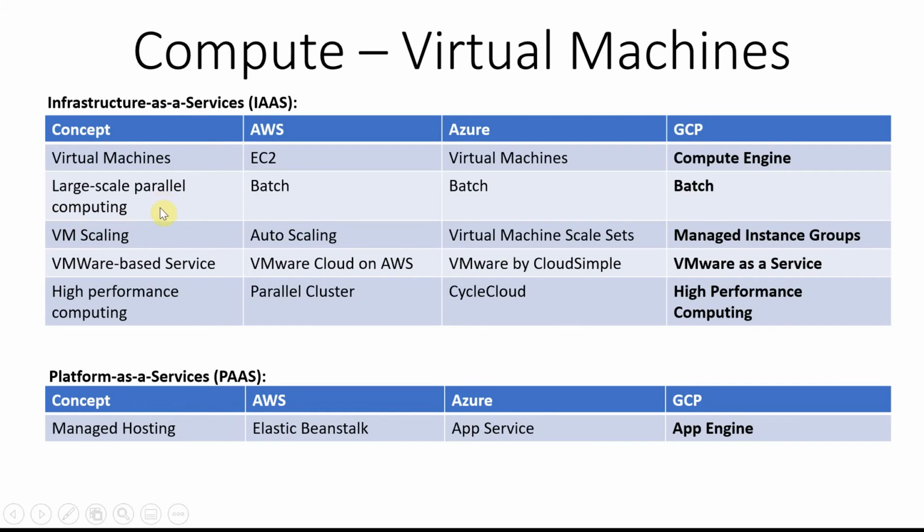Next is VM scaling. You created one virtual machine, but you want to replicate it, auto scale, scale up and scale down based on demand. The terminology in AWS is Auto Scaling, in Azure it is Virtual Machine Scale Sets (VMSS), and in GCP it is managed instance groups.